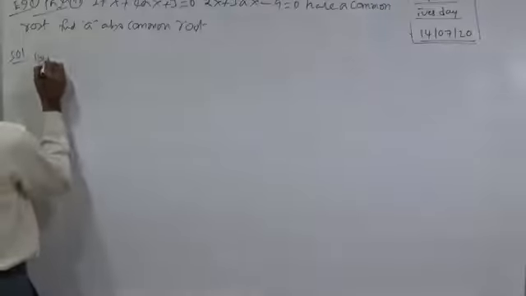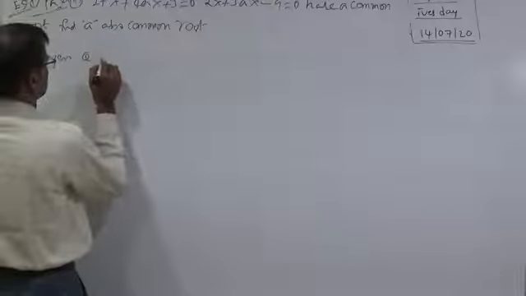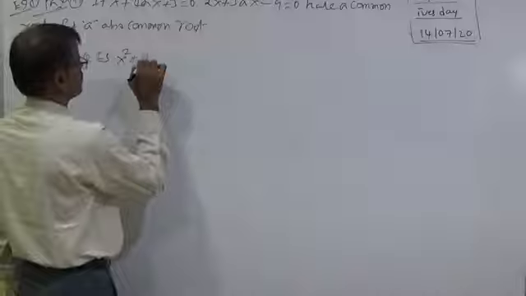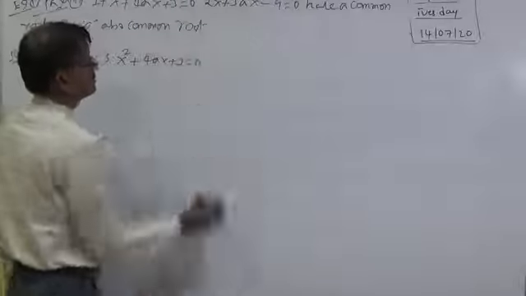Let us write the given quadratic equations. x square plus 4ax plus 3 equals 0, and 2x square plus 3ax minus 9 equals 0.